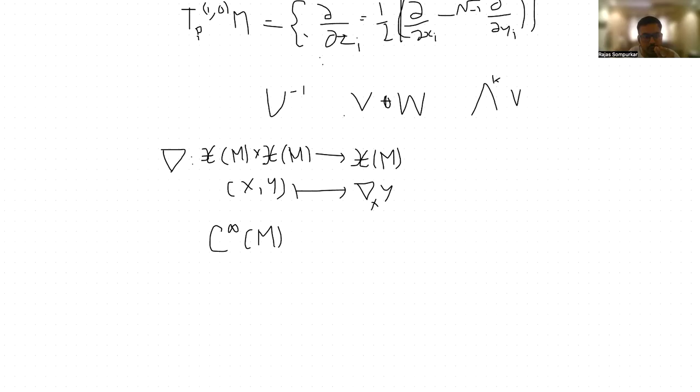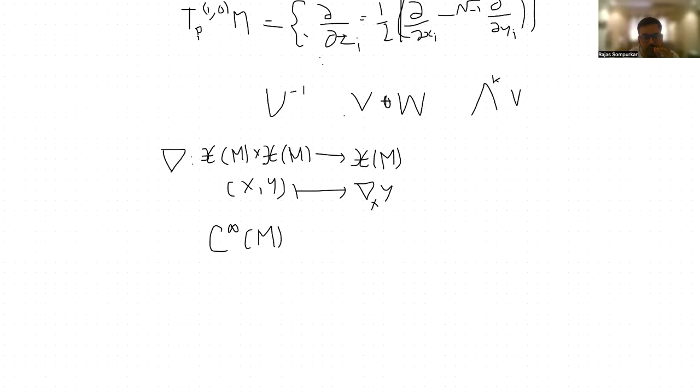So this is what is called an affine connection on a manifold, or an affine connection on the tangent bundle of the manifold, because over here we are taking the set of all smooth vector fields, which are precisely the set of all global smooth sections of the tangent bundle of the manifold.